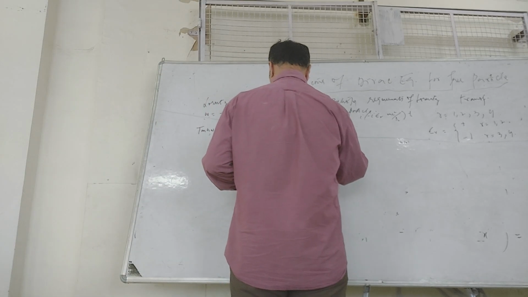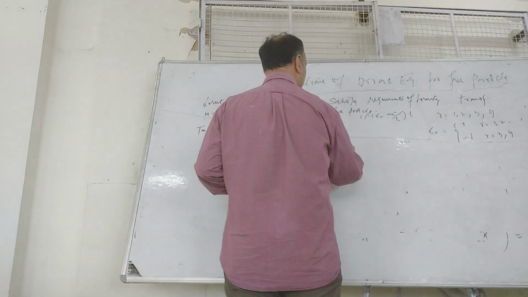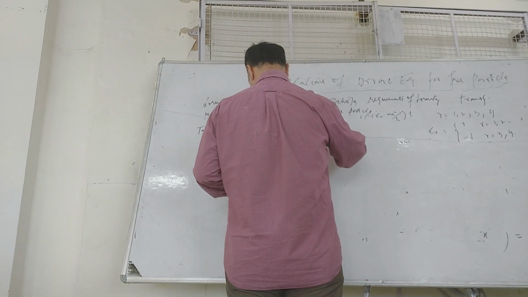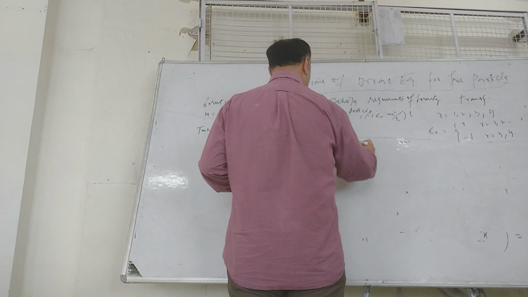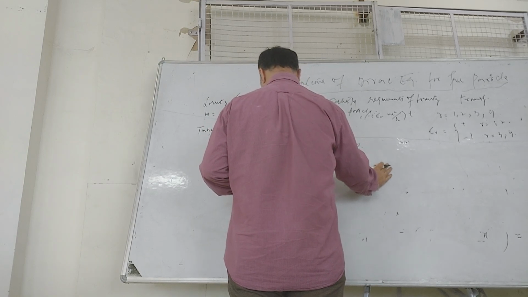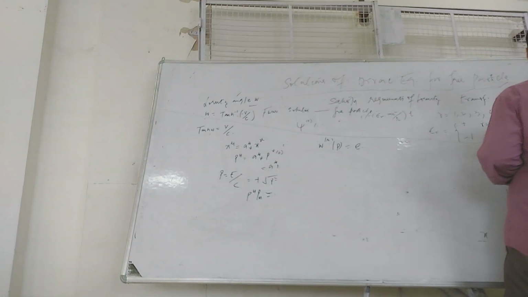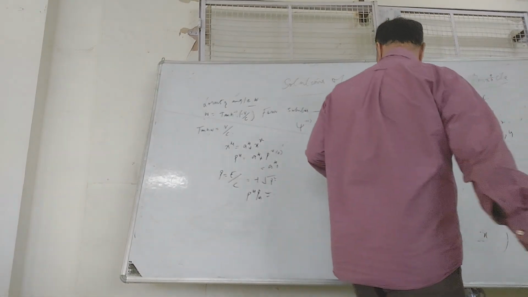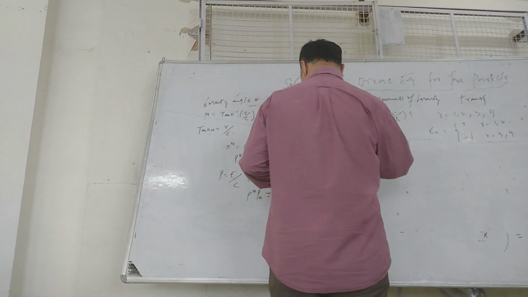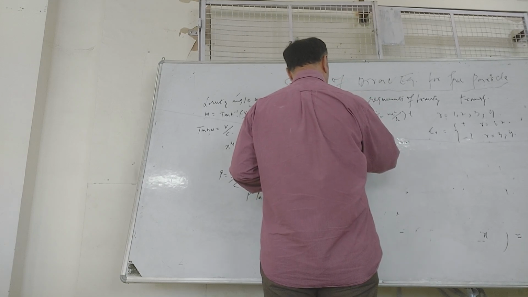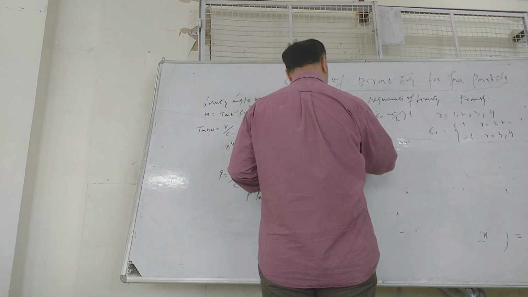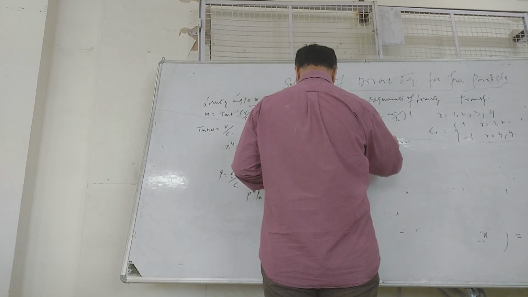So this omega, or this omega by 2, with sigma 01.